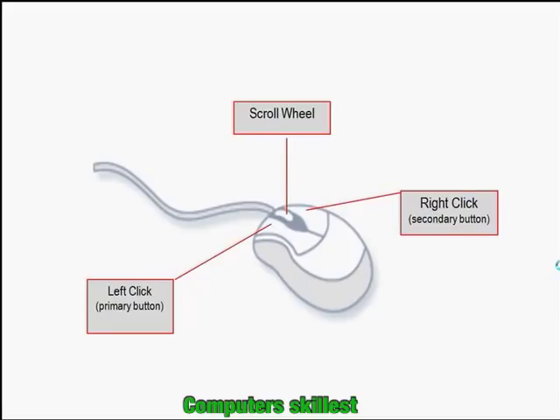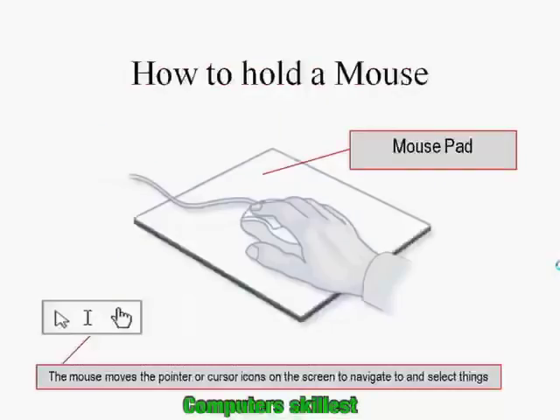These are usually large areas, not small buttons, on the mouse. Many mice in the middle also have something called a scroll wheel, which you can experiment with later. But mostly, what you'll do with the mouse is move it around on the table or on a mouse pad and press that button on the left, which is a left click.